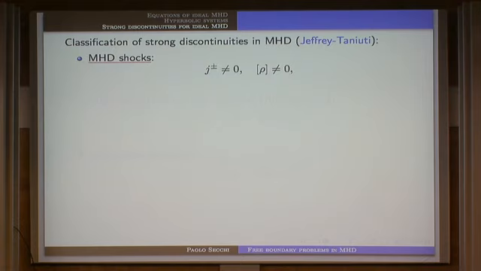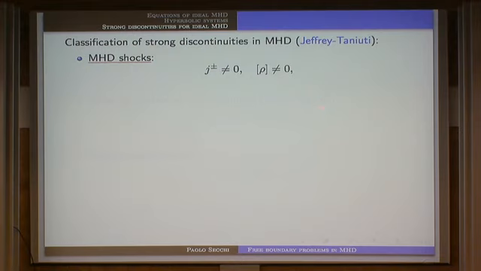First case: you saw that J is continuous across the front. Well, we have MHD shocks if J is different from 0, so it is continuous, but there is a mass flux across the front, and there is a jump of the density.